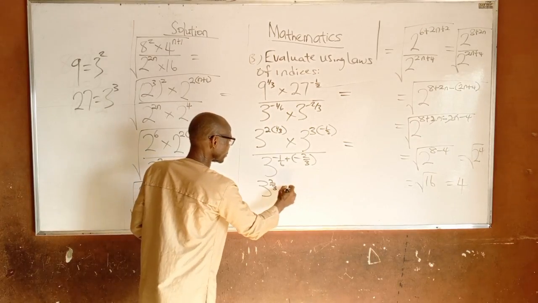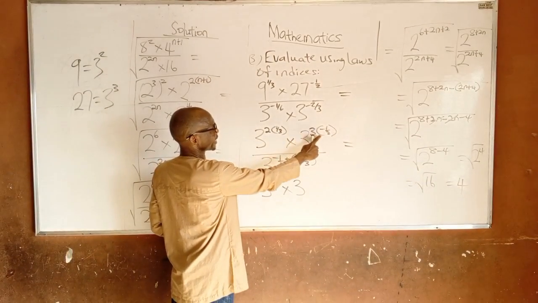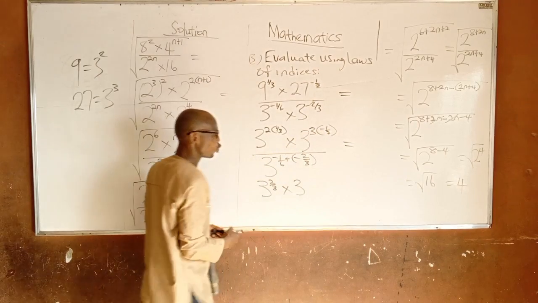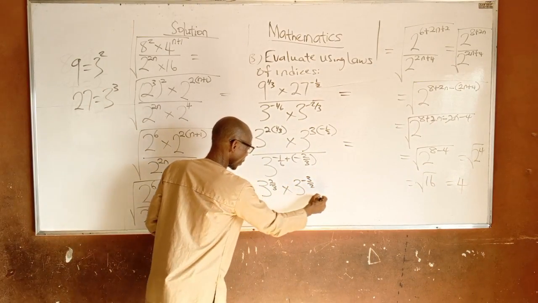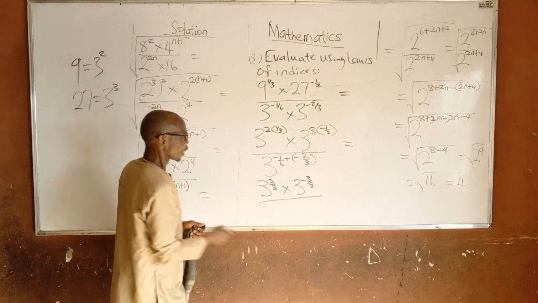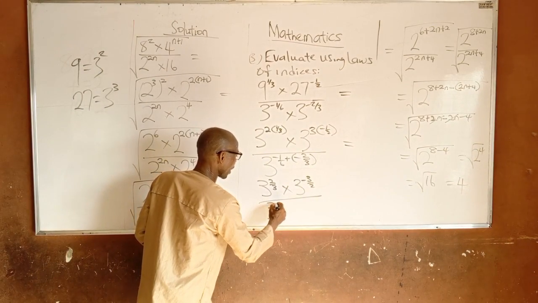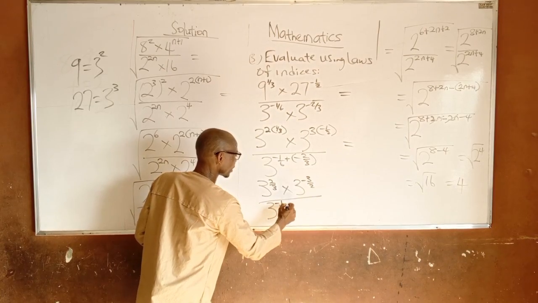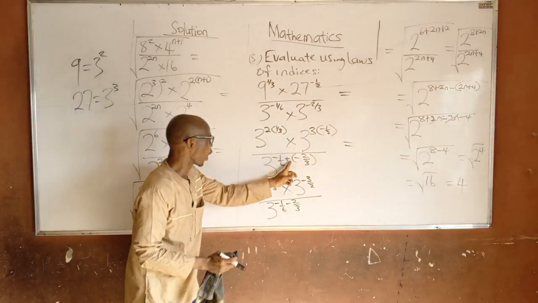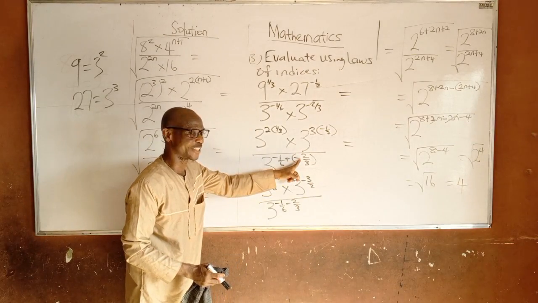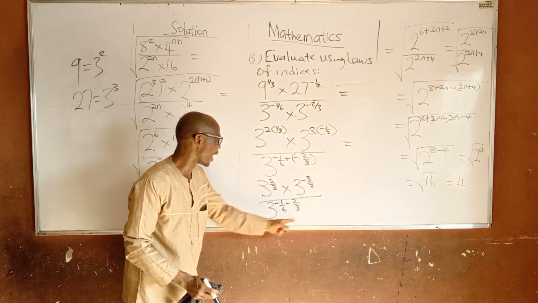This is now times 3 raised to power 3 times minus 1 over 2, which gives us minus 3 over 2. All over 3 raised to power minus 1 over 6, then minus 2 over 3. When our plus multiplies the negative 2 over 3, it gives you minus 2 over 3.